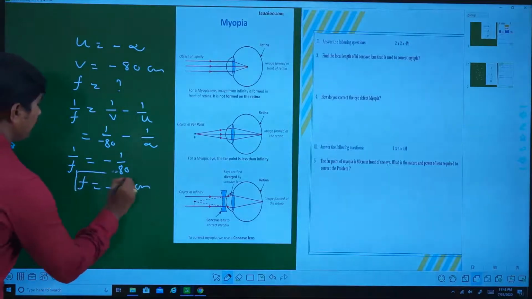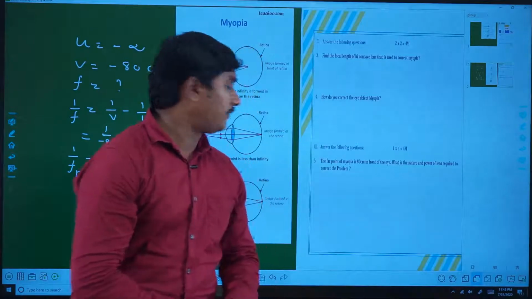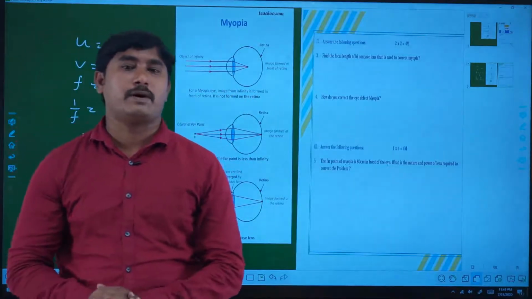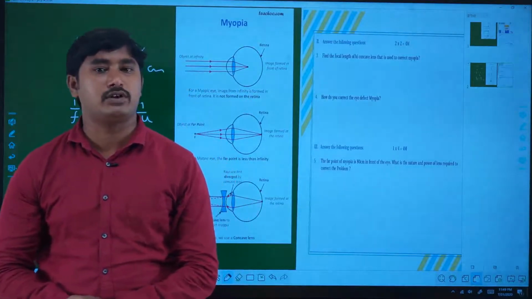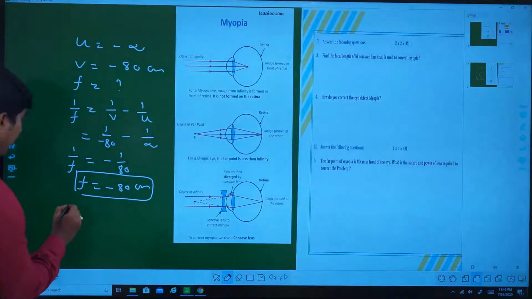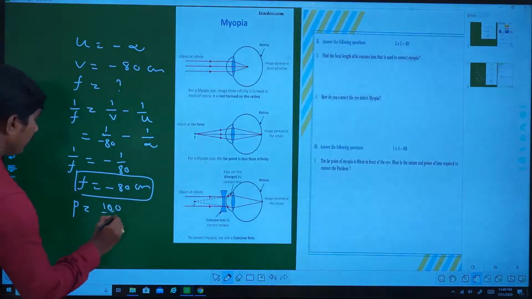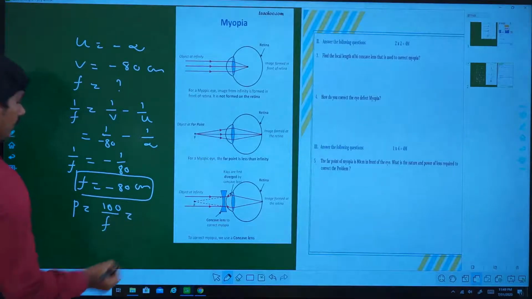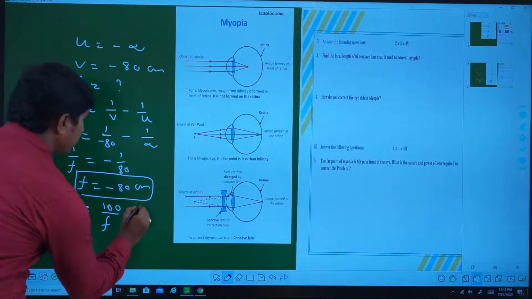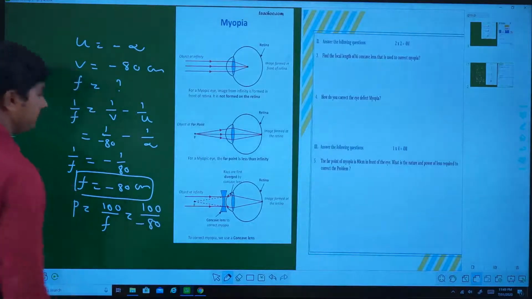Next they are asking for the power of the lens. You know the power formula: P is equal to 100 by f, with f in centimeter. Here f is minus 80, so P is equal to 100 by minus 80.